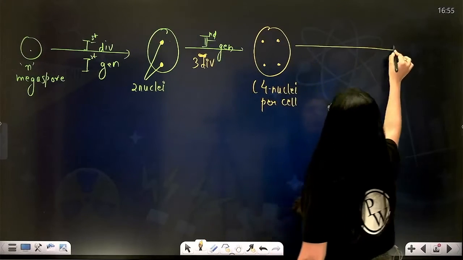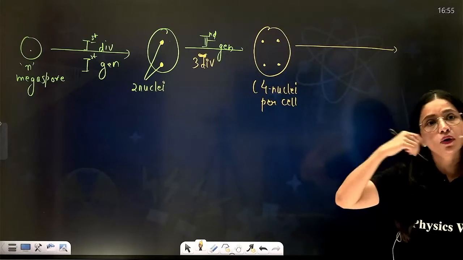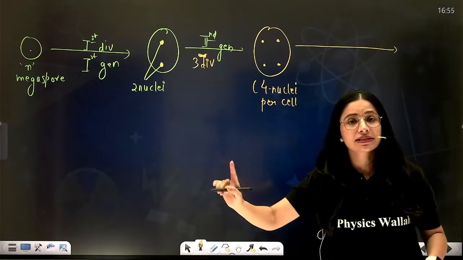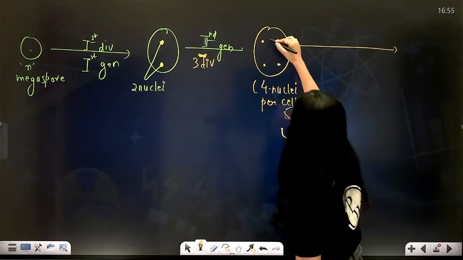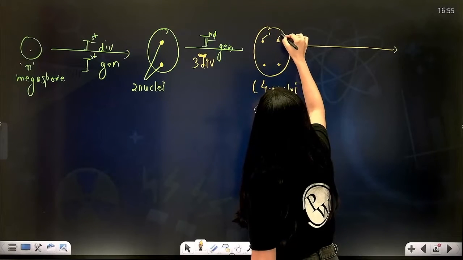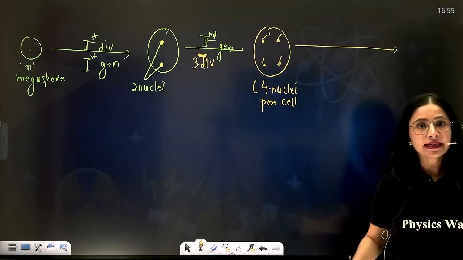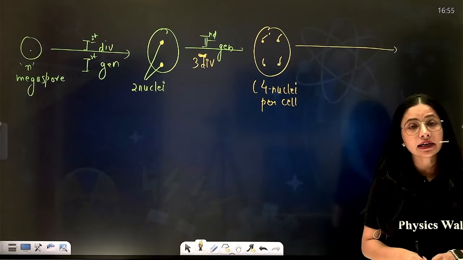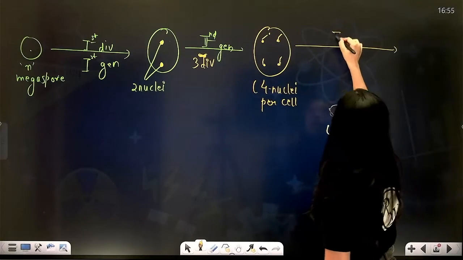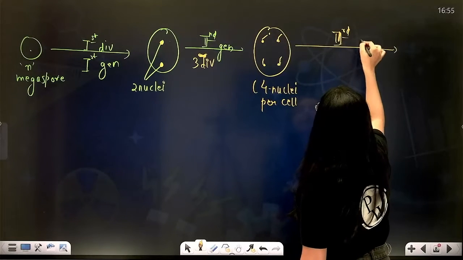Now all these 4 nuclei, not cells, will undergo karyokinesis to produce 4 more nuclei. Overall, the cell is undergoing mitosis to the third generation.